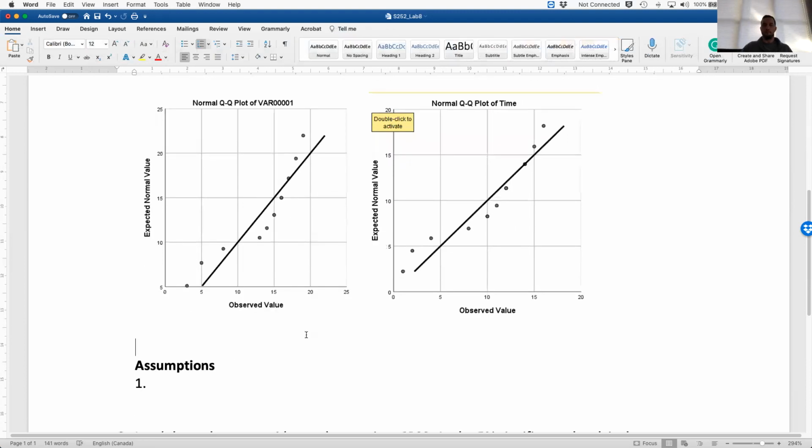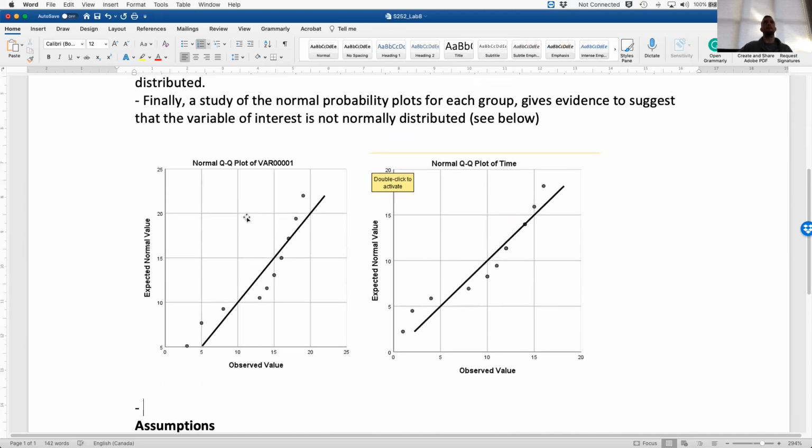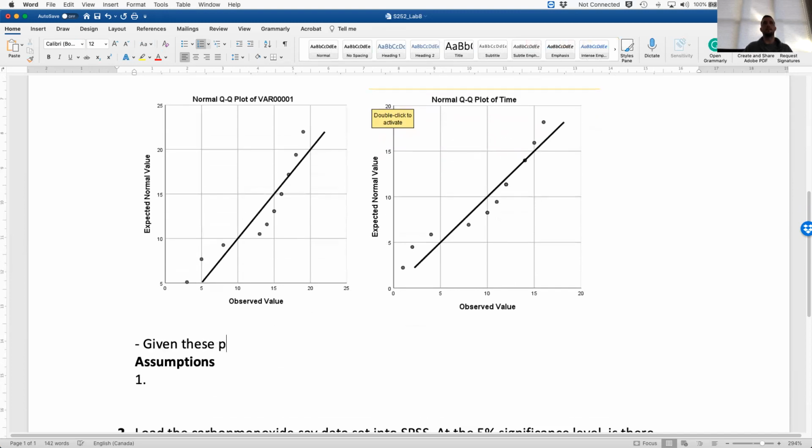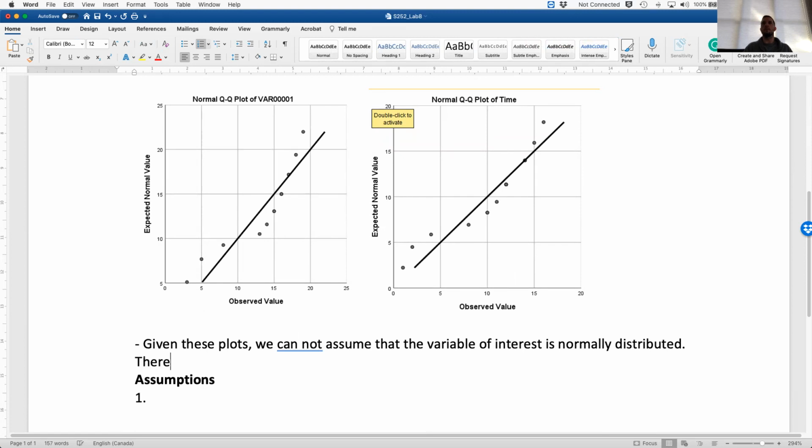Okay, so given these plots, we cannot assume that the variable of interest is normally distributed. Therefore, we should use a Wilcoxon Rank-Sum Test.